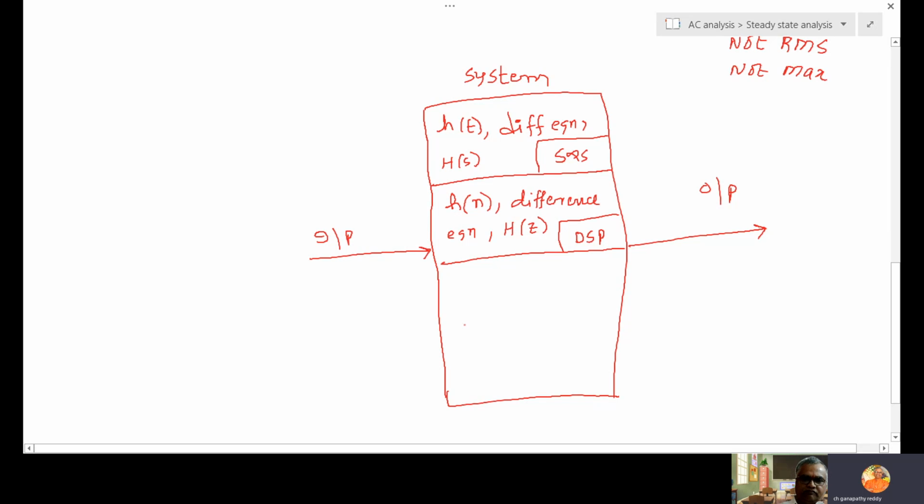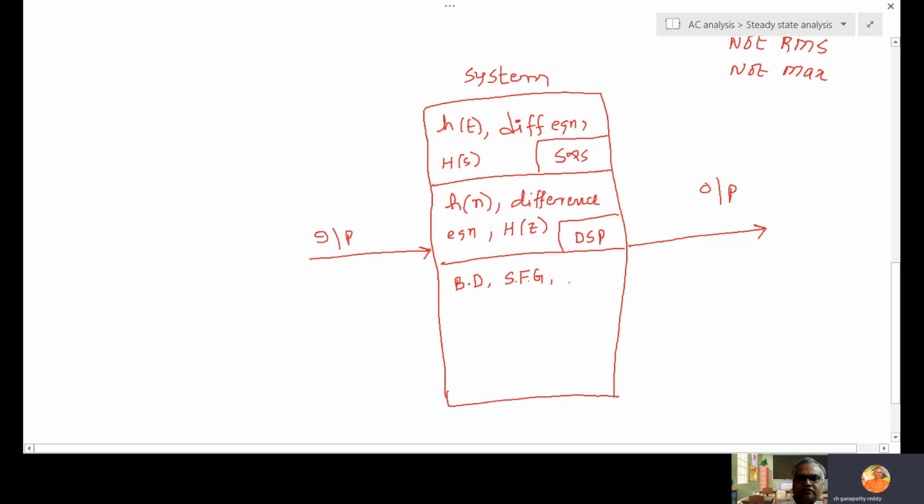Then in control system, it can be a block diagram. It can be a signal flow graph. One block is given, you can find a transfer function. Or so many blocks are there, convert into signal flow graph, apply Mason's gain formula, and again find the transfer function.